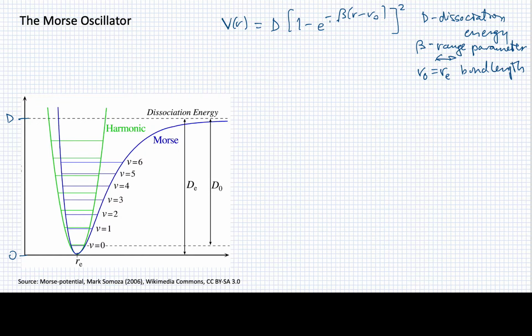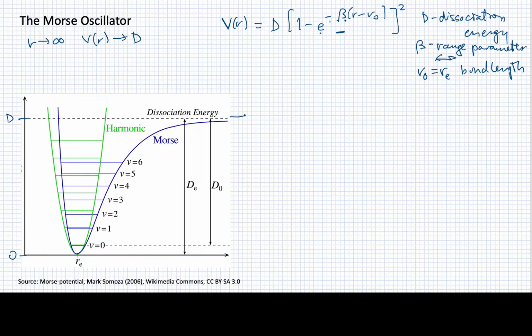All right, so from this we can see, as r goes to infinity, how does this potential vary? Well, as r goes to infinity, we'll have e to the minus infinity, which is 0, so V of r goes to the dissociation energy D, which is exactly what's happening here.